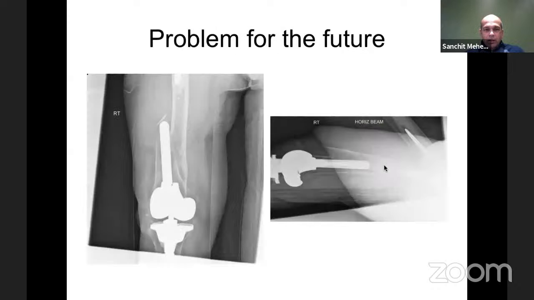And then there are some problems for the future. So you have a situation wherein, like I said, on the top of this X-ray, you can see the distal tip of the stem coming through, and then you have a revision knee prosthesis. So your options in this are very limited, but this is going to be a problem for the future, that somebody has had revision hip replacements, revision knee replacements.